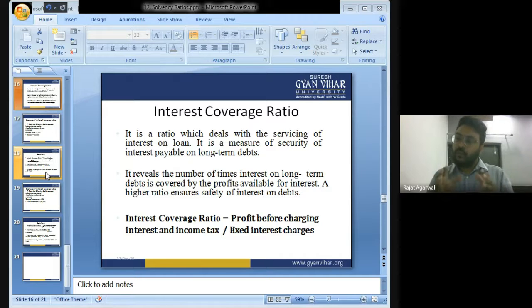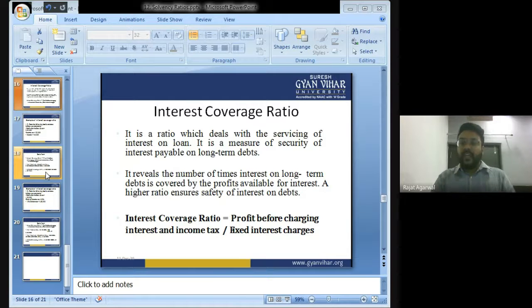It means whatever profit we are going to take now, from that profit the interest and income tax should not have been deducted. If the profit is after deducting interest and income tax, then we will add back interest and income tax in the profit, because we have to take the profit before charging interest and income tax.